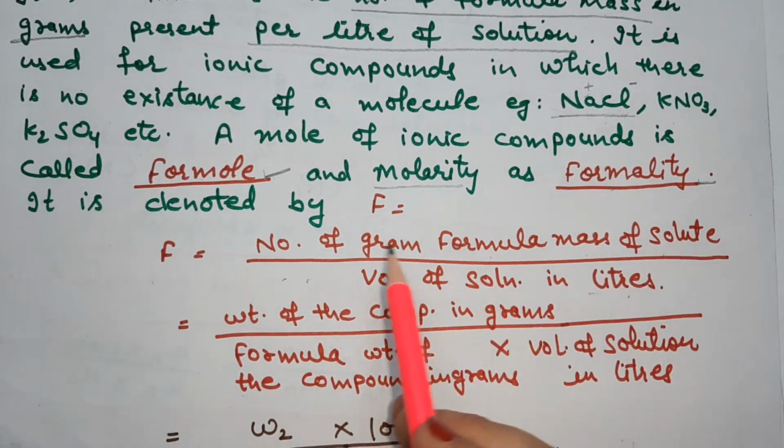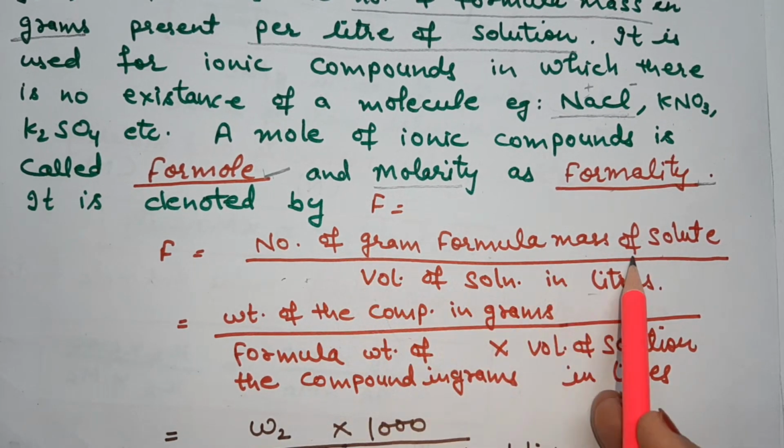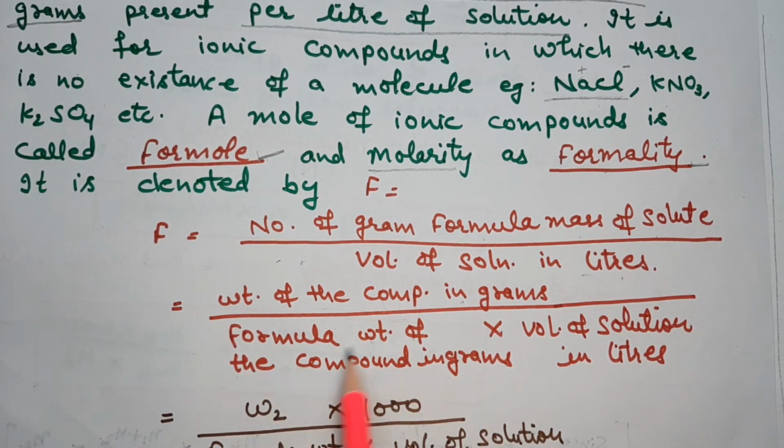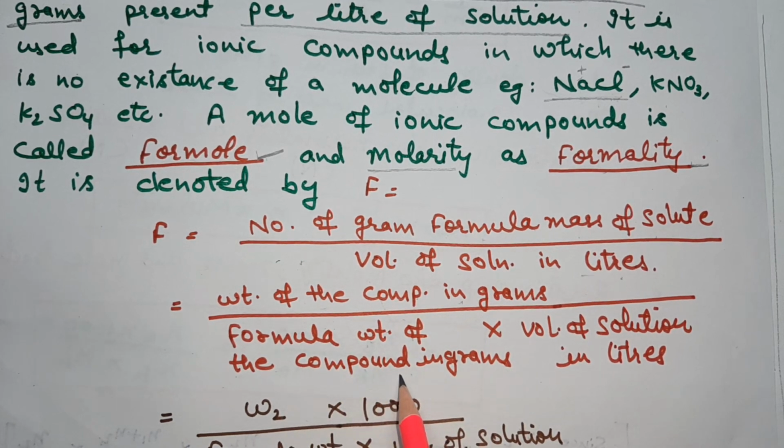The number of gram formula mass of the solute is calculated as the weight of the compound in grams upon the formula weight of the compound. Simply, whatever the weight of the solute given is taken here, and the formula mass of the compound is taken here.